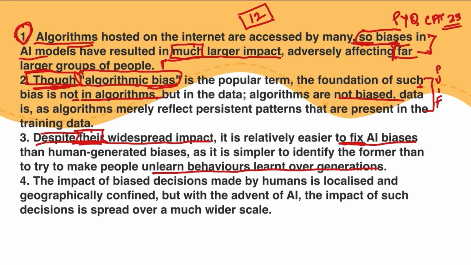So see, second sentence, it talked about that the foundation of the bias is not in algorithms but in the data, right? Then third one again continued it and stated that AI biases are easier to fix when compared to human generated biases, right?